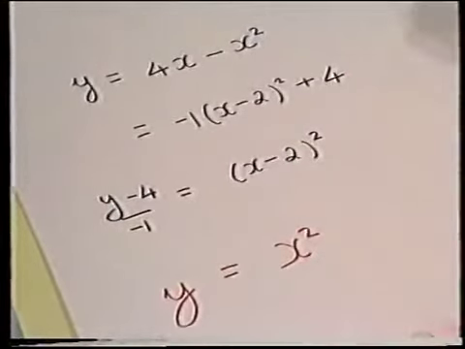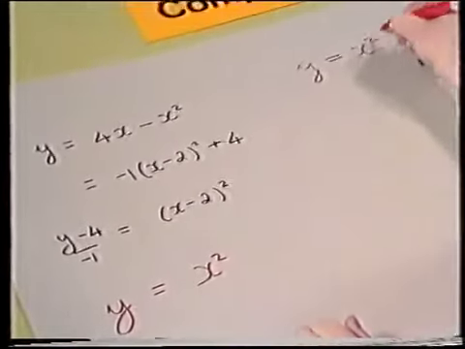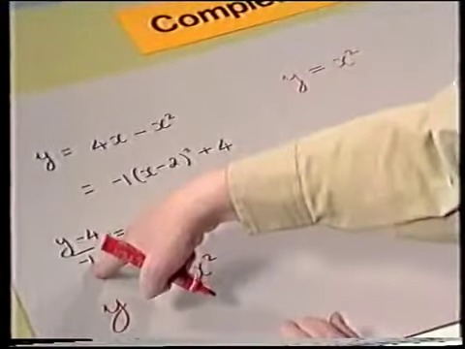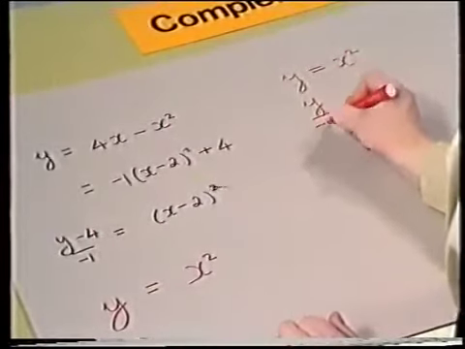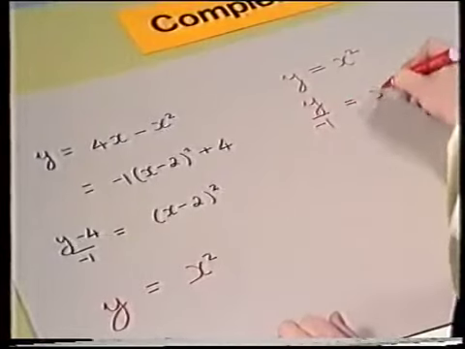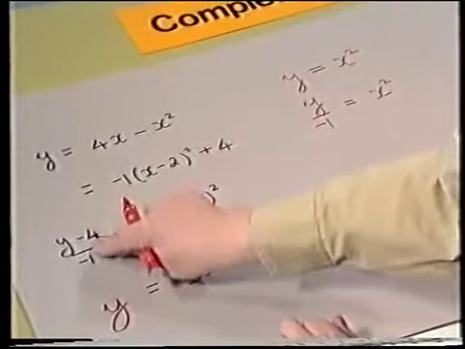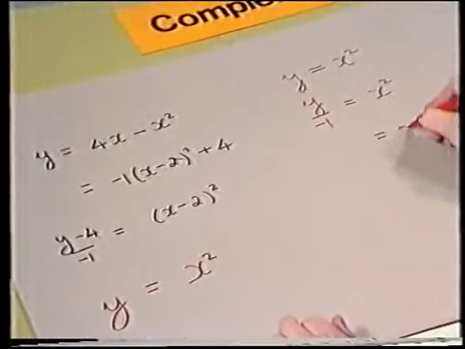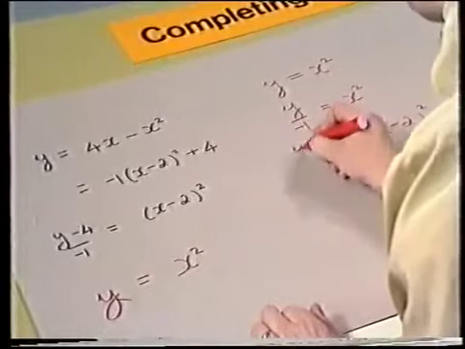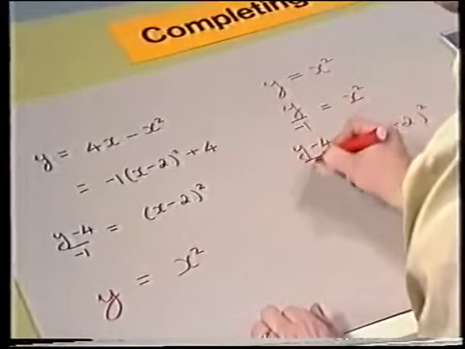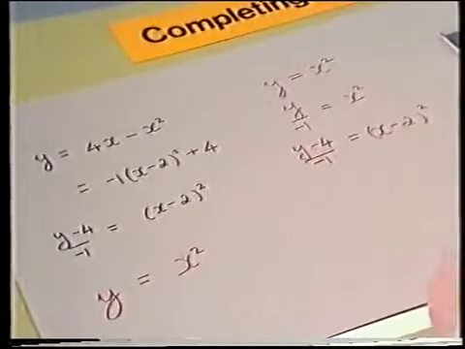It tells me that if I start off with y equals x squared, and then if I scale by minus 1 in y, and translate to the point (2, 4), then I end up with precisely the function I was looking for.